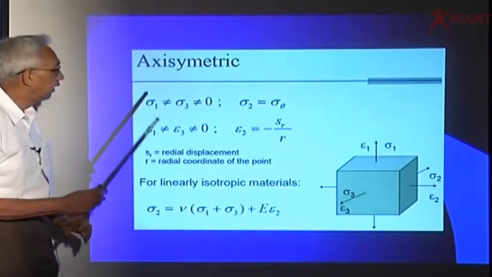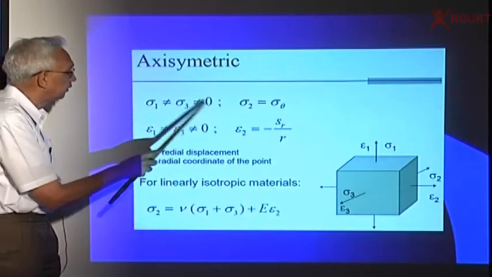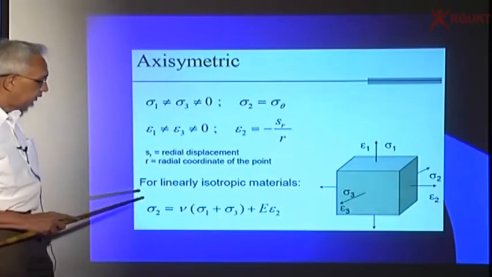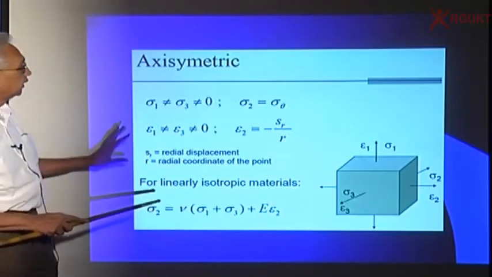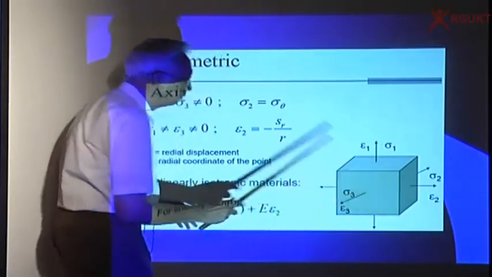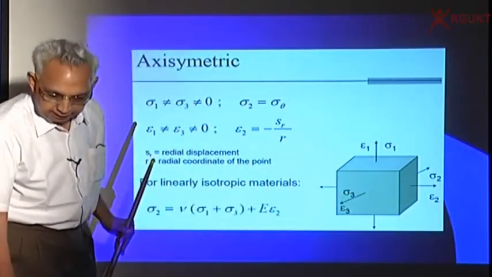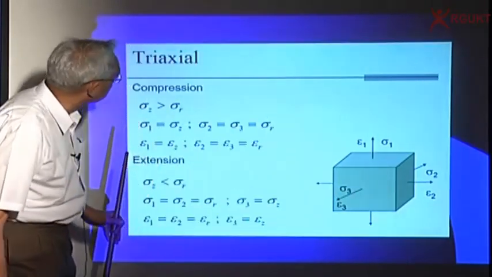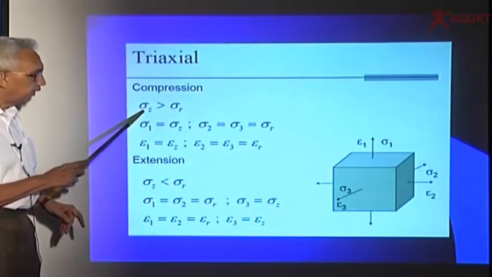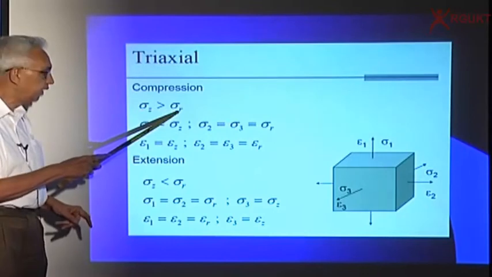Axisymmetric is where you have sigma 1, sigma 2, sigma 3, and you have different strains, but what you find here is that in axisymmetric, sigma 2 is equal to sigma 3, which means epsilon 2 is also equal to epsilon 3. So this is how we do a triaxial test. We have vertical stress different from radial stress.